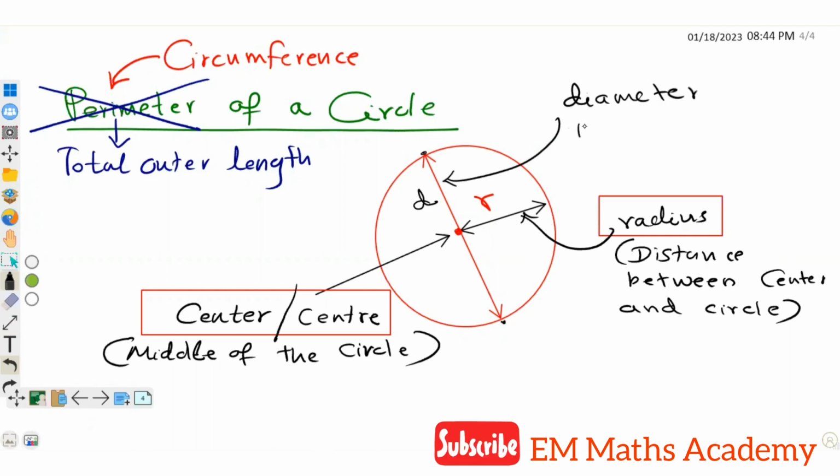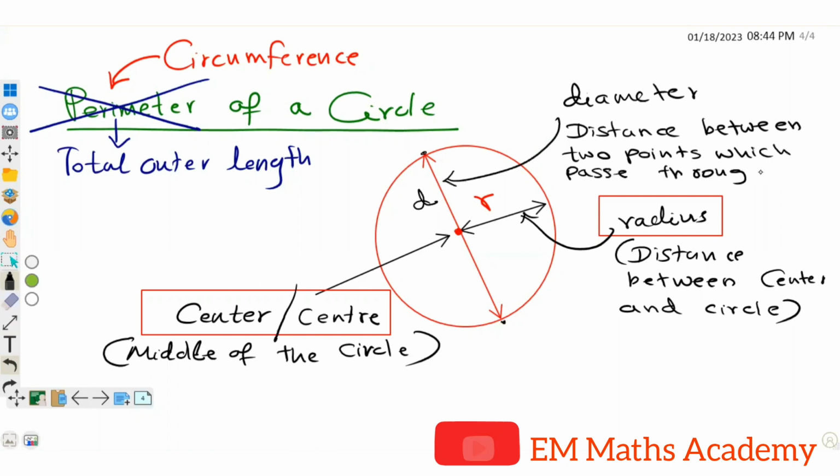Diameter is the distance between two points that passes through the center.